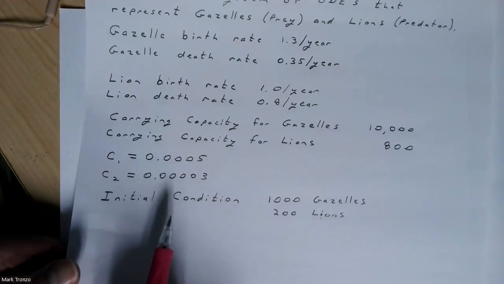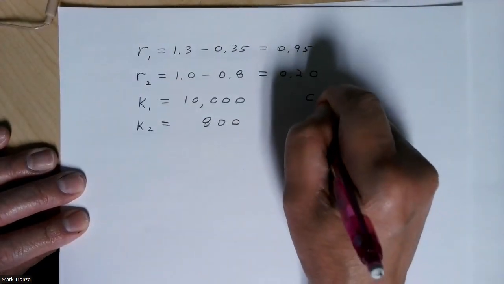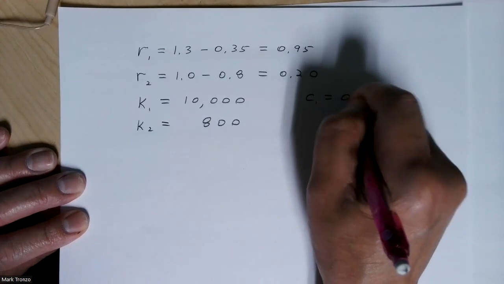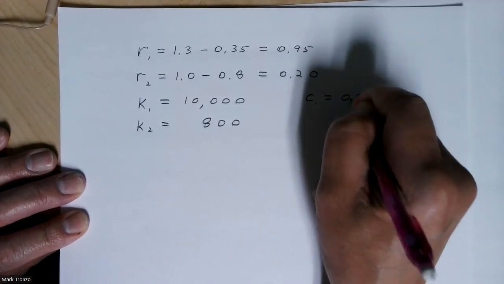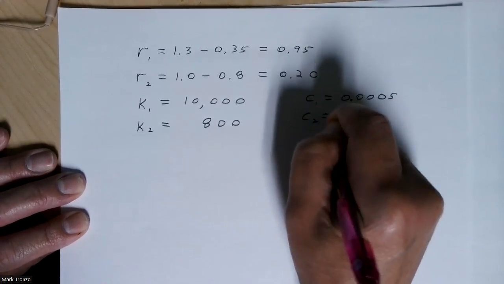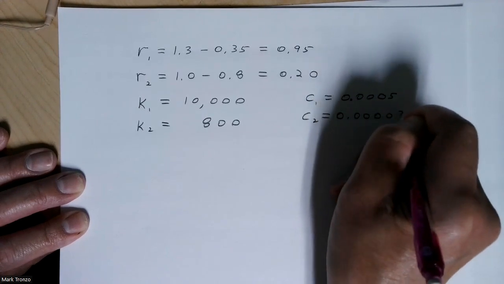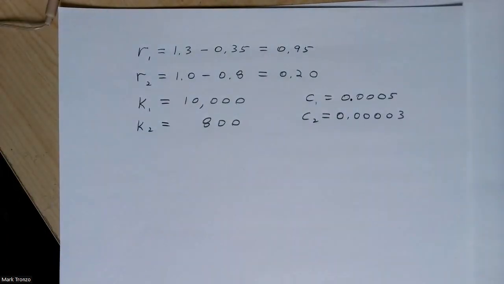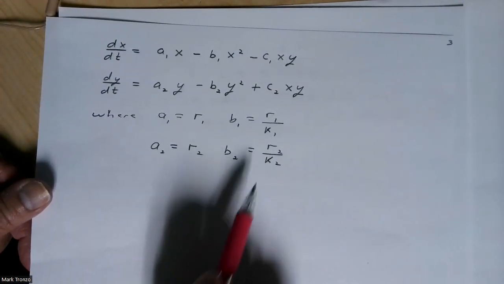And finally, the C1 and C2. Let me just write them down again over here. C1 is 0.0005. C2 was 0.00003, like this. And it looks like we have everything we need here.